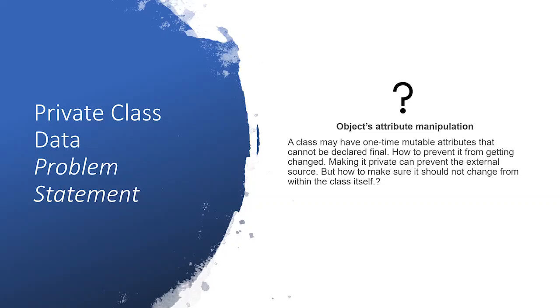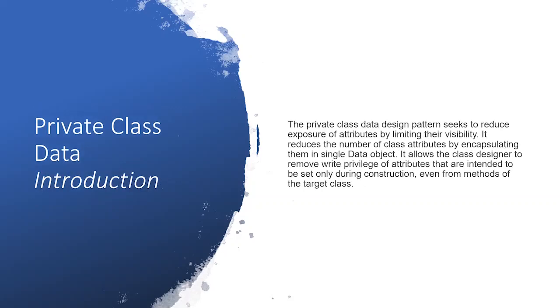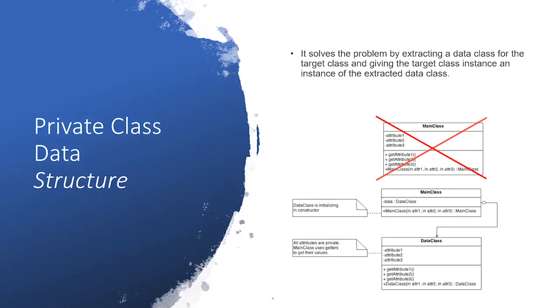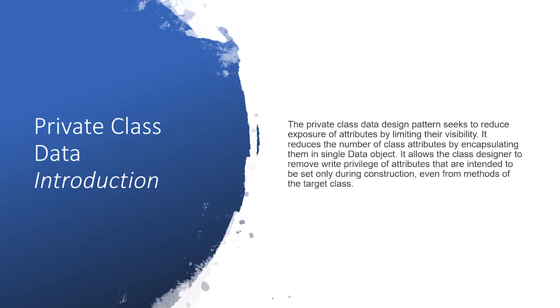The use case for this private class data is very limited. It is generally used for one-time initialization of the variable. In that scenario, it can be used. So the values of the properties will never change.